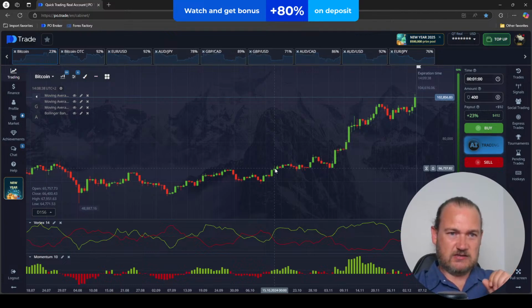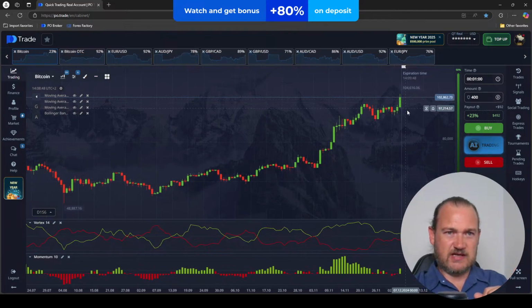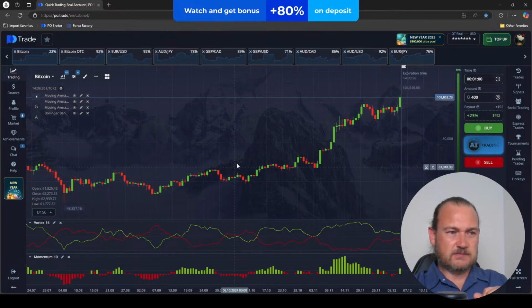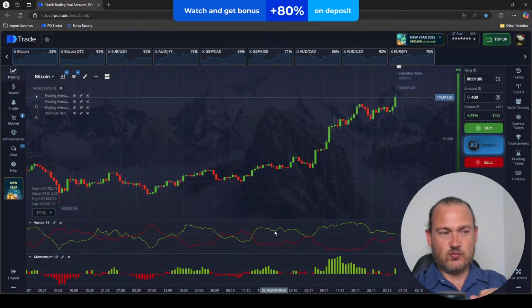We're not quite there yet, but I think we're definitely heading there. But we'll have to wait and see where Bitcoin ends up going. But the Vortex indicator warned us that the trend went green. It showed us this little pullback here.